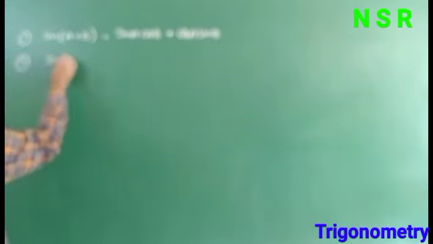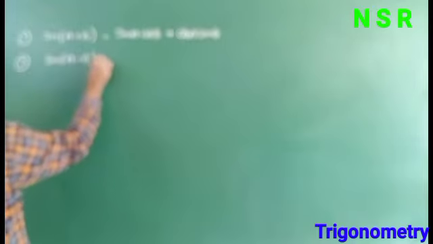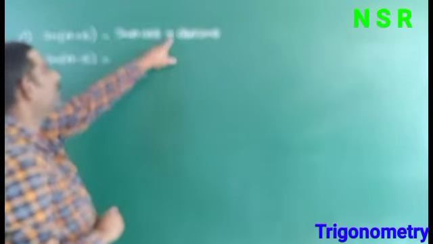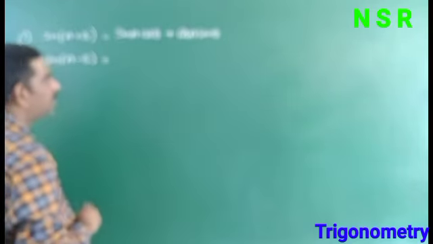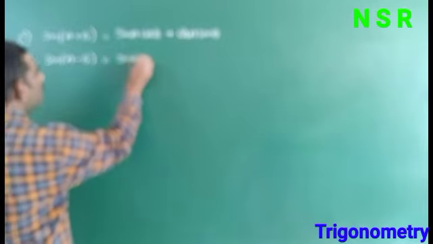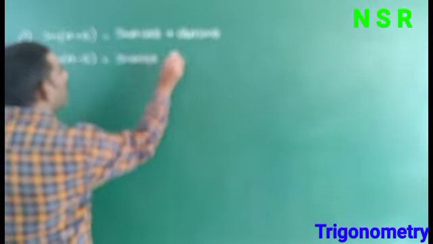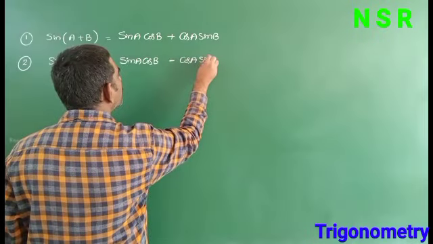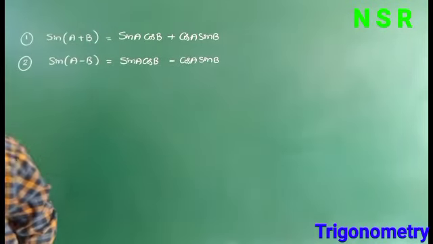Next, sin of a minus b. The formula is similar to sin a plus b, but in place of plus you write minus. So sin a cos b minus cos a sin b. This is the formula of sin a minus b.